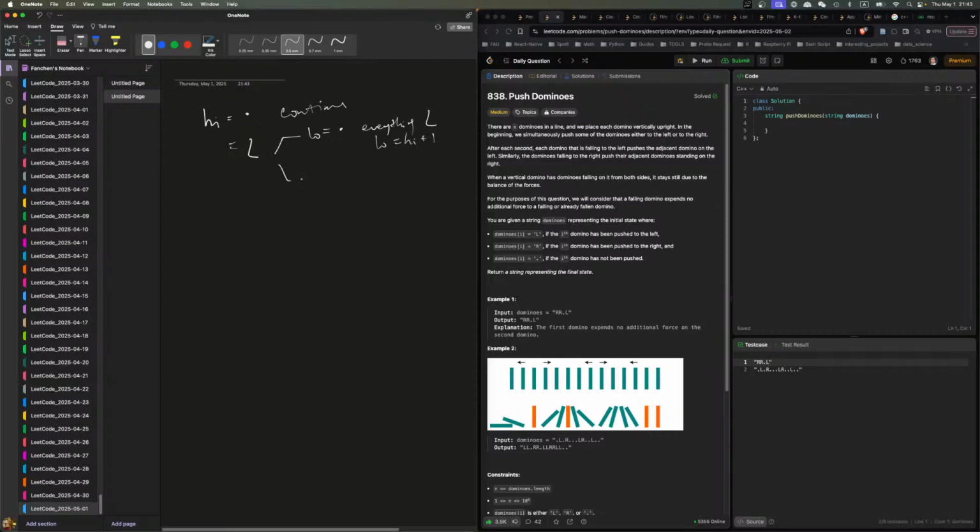Okay, or low can equal R or L. If low is an L, it's the same. Or low is R, then we do this, right? And then low equals high plus 1, the same. Now if high is equal to R, so low can be a dot.